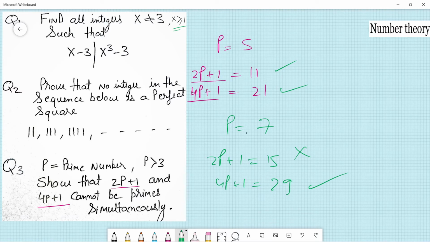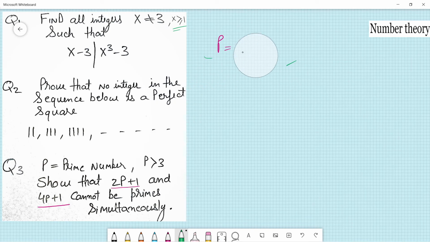So we have to show this for any prime. We have taken two cases, but this proves nothing. We have to prove the general case, where p can be anything. Now, in our previous video, we saw any prime is either of the form 6k plus 1 or of the form 6k minus 1.